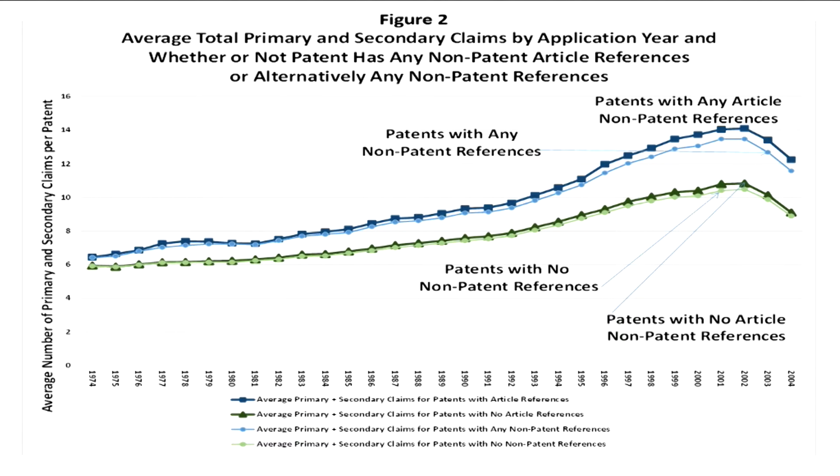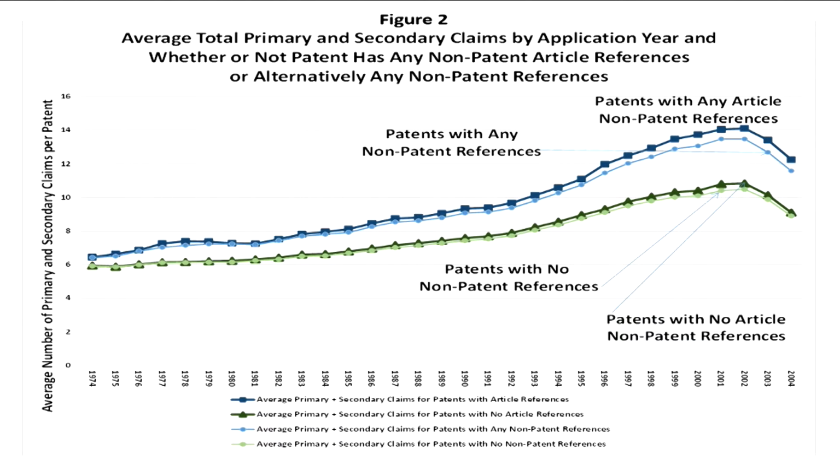This means that basically if a patent has any kind of non-patent reference, it gives it a boost in terms of the total number of claims, primary and secondary claims in the patents. And if it has no non-patent references or no article non-patent references, those two lines are very close together. And that means that just having anything in that field gives you a boost by itself, but then there's an additional boost if there's also identified scientific articles in it.